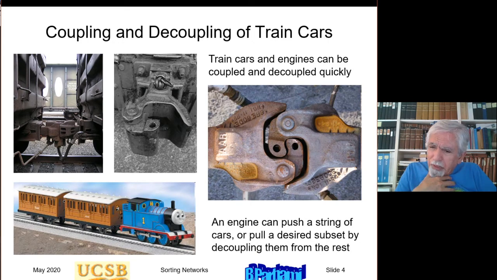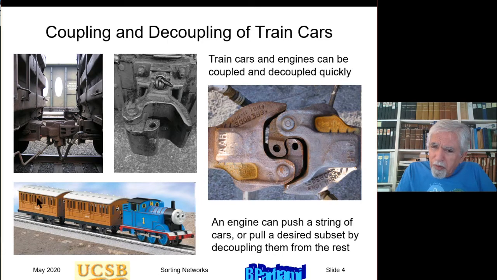Okay, as I mentioned before, an engine can push a string of cars or pull a desired subset by decoupling them from the rest. So if this engine suddenly needs to pull just this one car to some destination and doesn't need the other car, so perhaps the train does not have enough passengers for two cars, so we disconnect these two cars using the mechanism I just mentioned, and the engine just pulls the one car and the other car will stay behind.